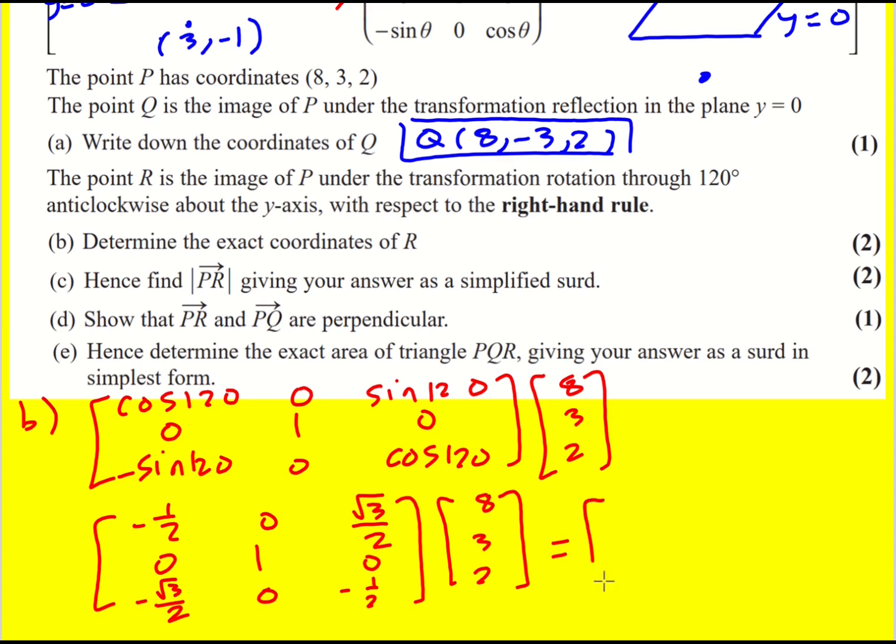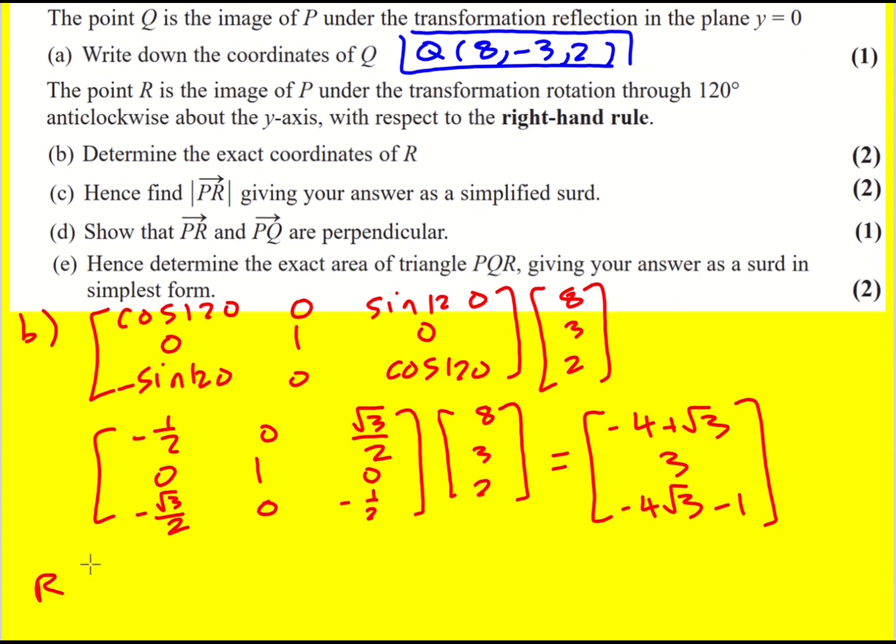I'm going to get 8 times -1/2, that's -4, plus 0 plus √3. Then I just get 3 down here. Then -4√3 - 1. So that's going to give me R. Wait, I can't actually fit it all in there. So R, I'll write √3 - 4, 3, and -4√3 - 1.